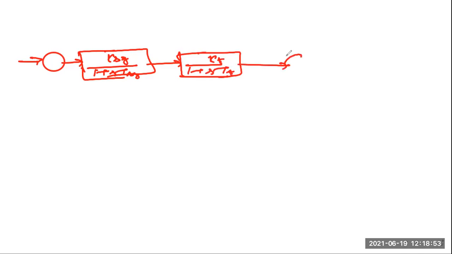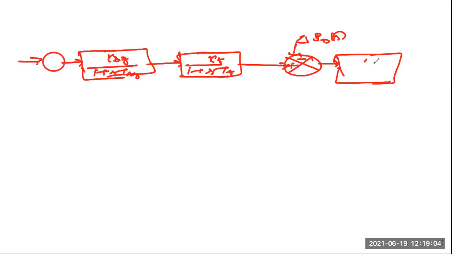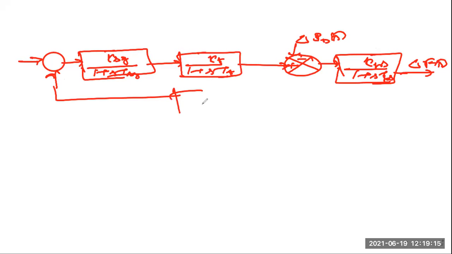Then you have this block. Here it is your delta PDS. Then you have the KPS by 1 plus STPS, and this is your delta FS. And then it is your 1 by R. So this is your delta PCS.